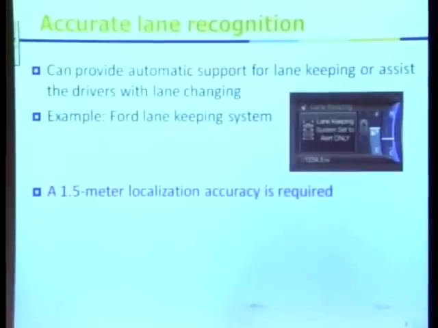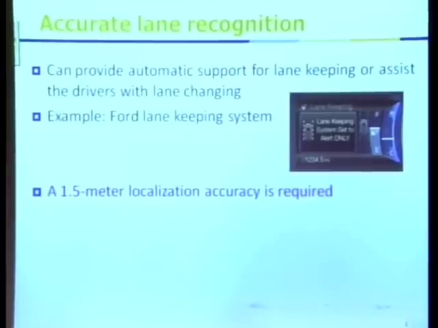First, I'd like to talk about why accurate lane recognition is required. This recognition is used for lane keeping assistance or lane changing assistance systems. And we think that a 1.5 meter localization accuracy is required to achieve these functions.